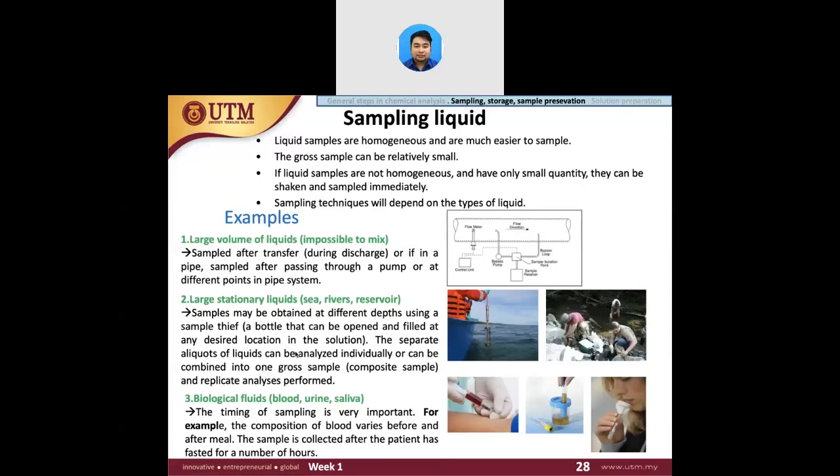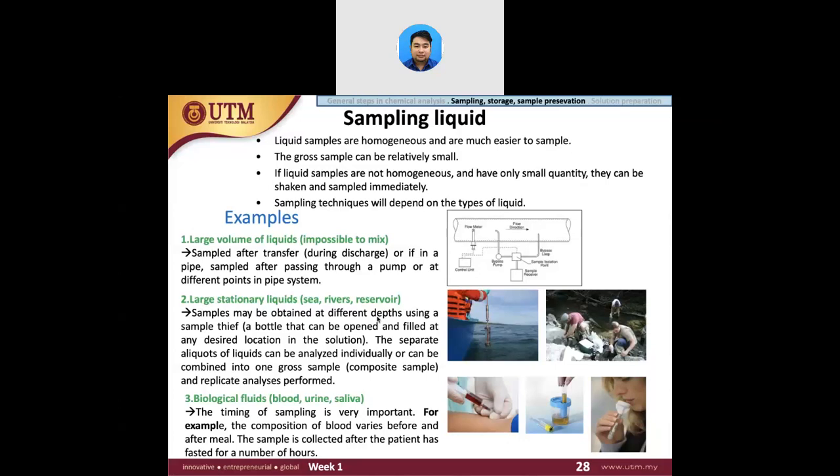We will use a sampling apparatus to take samples at different depths. Usually we will take the sample at different depths, some at the upper level, some at the middle level, some at the lowest level.